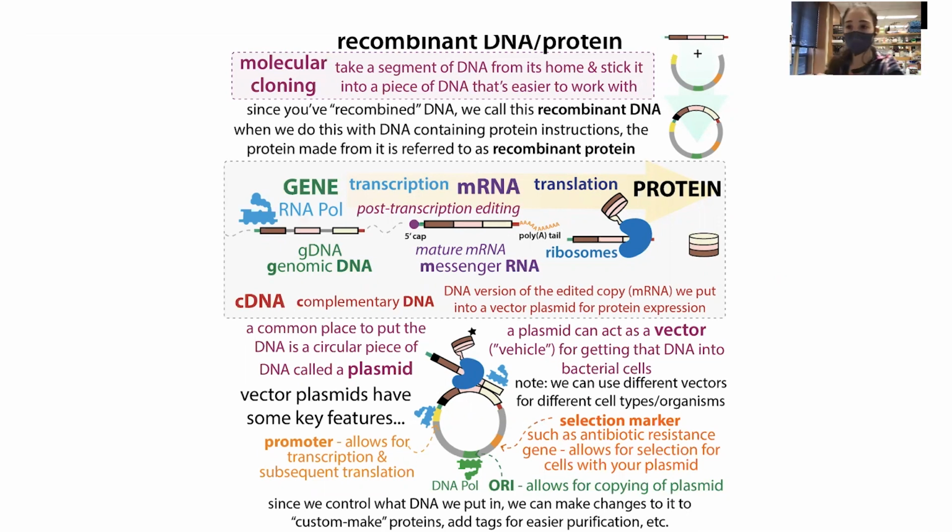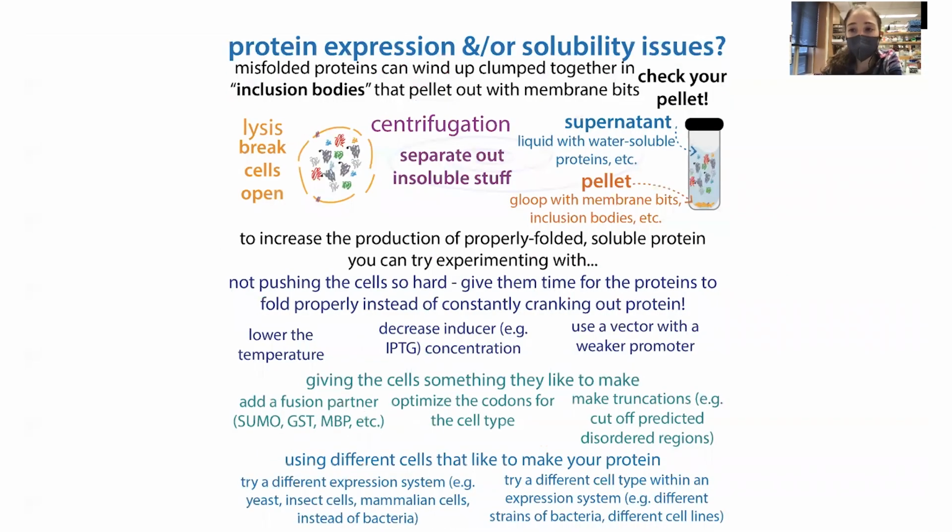Often we put it in a plasmid vector and we can express it in E. coli. E. coli works great for some things, but not great for other things, and so you might have to experiment. Bacteria typically don't do as well with bigger proteins or proteins that need help folding or need to get post-translationally modified and that sort of thing, because bacteria don't do that sort of thing.